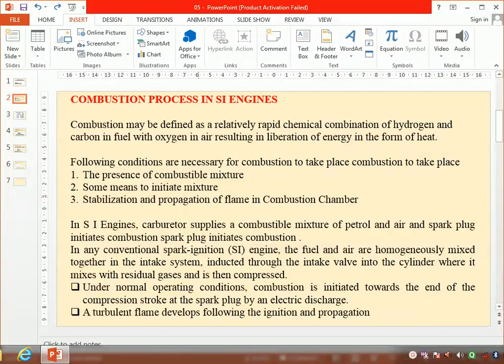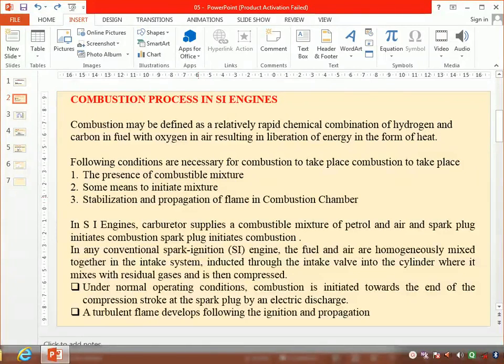As we know, in an SI engine the carburetor supplies a homogeneous mixture of petrol and air, and at the end of the compression stroke the spark is initiated with the help of the spark plug. It develops the flame front, and this flame front ignites the unburned air fuel mixture and propagates in the combustion chamber.